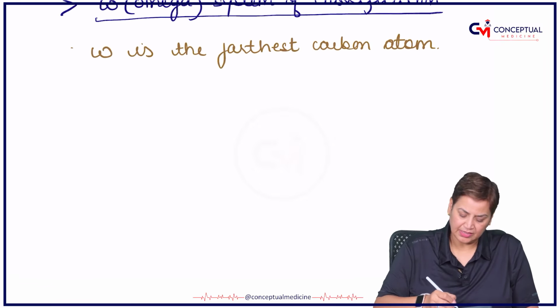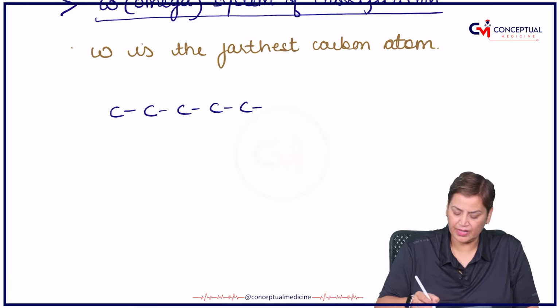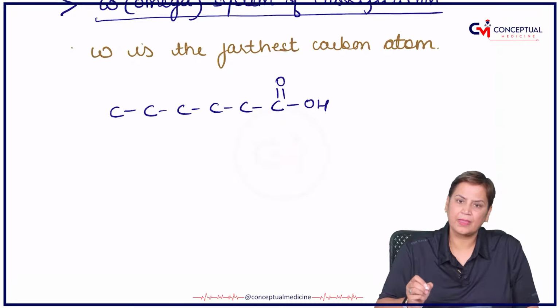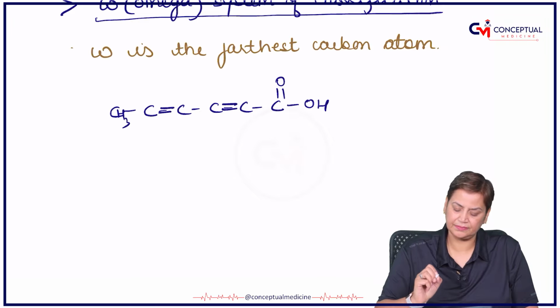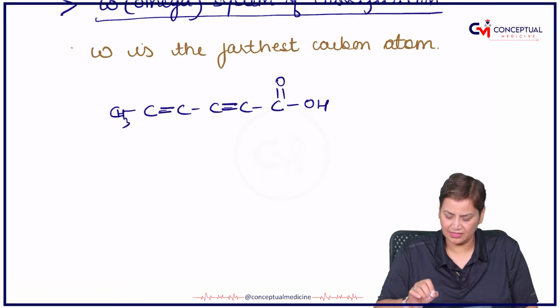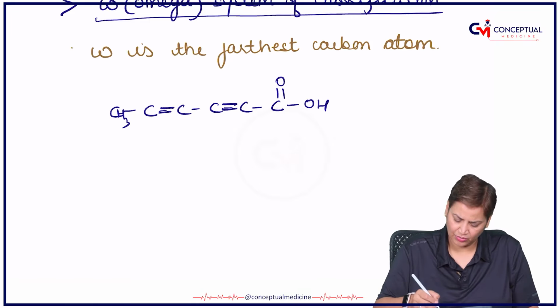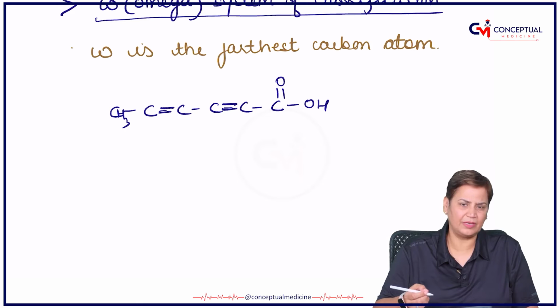For example, suppose this is a fatty acid with carbons 1, 2, 3, 4, 5 and 6, and obviously if it is an unsaturated fatty acid we can incorporate double bonds. Double bonds are always produced at alternate positions like this. I am not writing the valencies of carbon because this is obvious, as carbon is tetravalent.